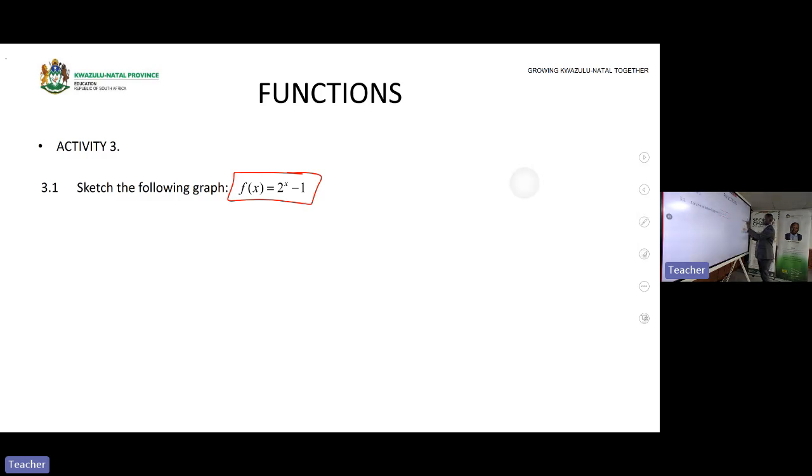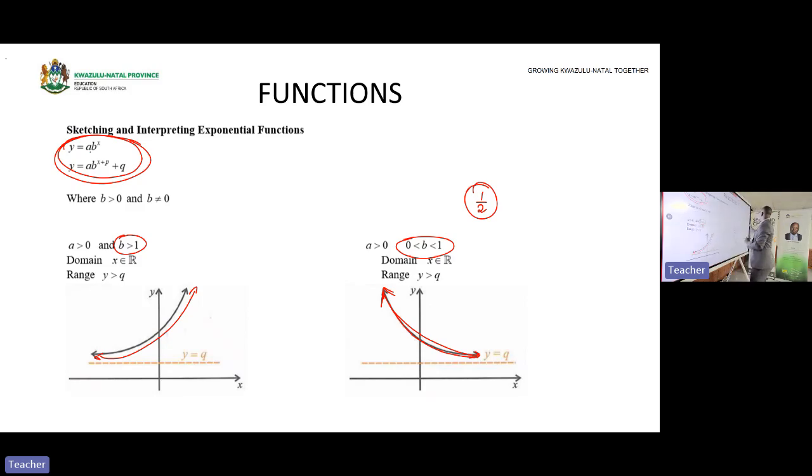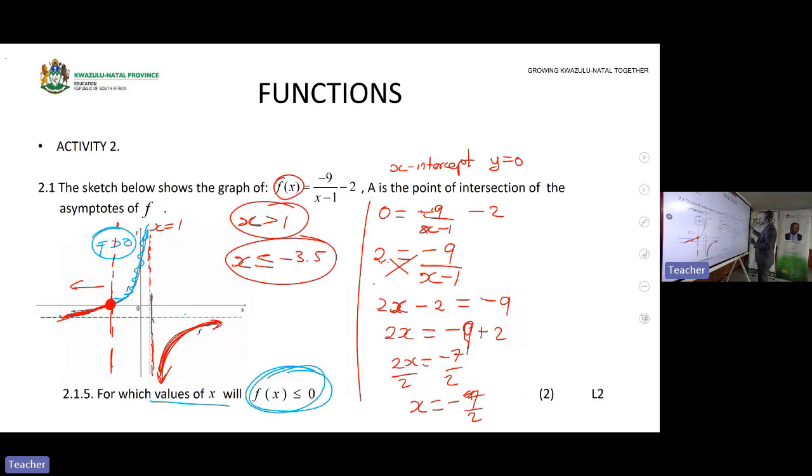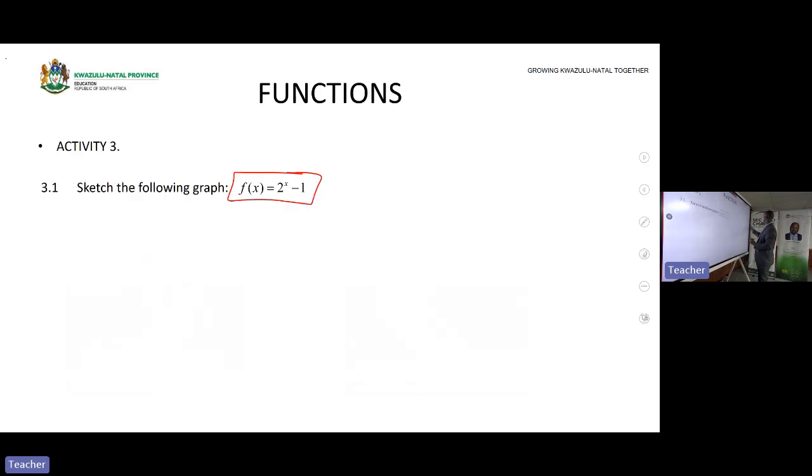Let us sketch our graph together. We have to calculate the x-intercept as well as our y-intercept. For the x-intercept, y is equal to 0.